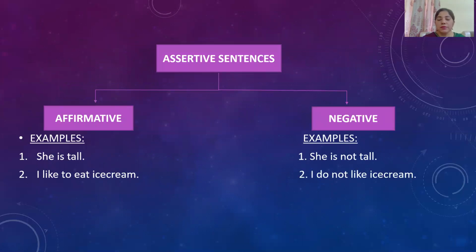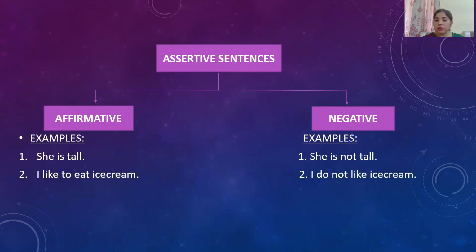Now, assertive sentences are further divided into 2 types, affirmative and negative. The word affirmative means sentences having a positive sense. For example, she is tall. I like to eat ice cream. They are positive.